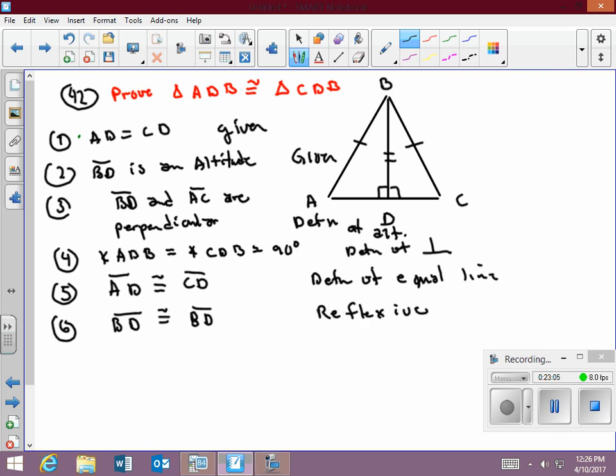Professor, you don't have to turn the letters around and make it line DB. No, what is going to be the triangle? A, D, B and C, D, B. Yep, you're right. Okay.